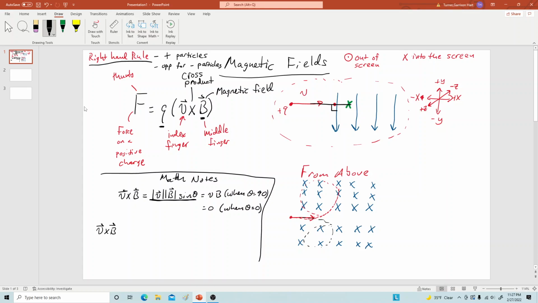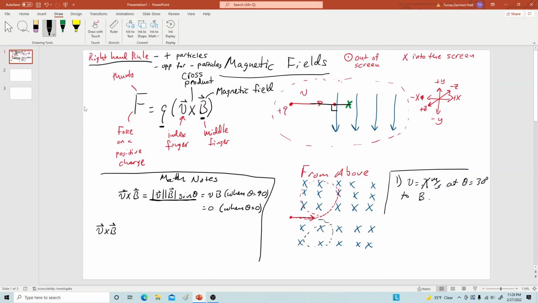However, if V and B are given to you in component form, there's usually two types of ways this problem can go. Number one, you might be given something like a particle enters with a velocity equal to x meters per second at an angle of 30 degrees to B, okay?